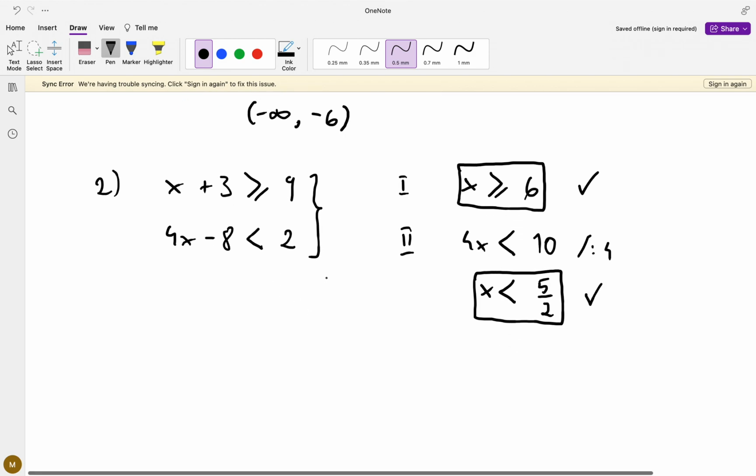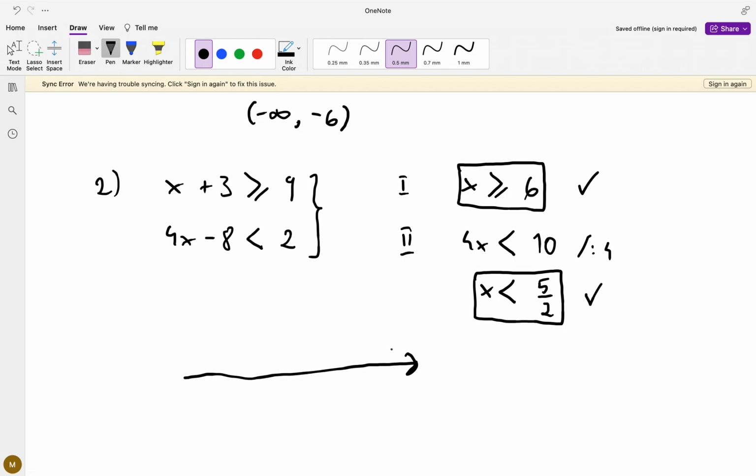Now to see if the system has a solution, let's write it on the number line. So first I'm going to select 6, and 5 over 2 is 2.5, or just 5 over 2. I'm going to write it as 5 over 2. I only say 2.5 because I want to place that on the number line in the correct spot.